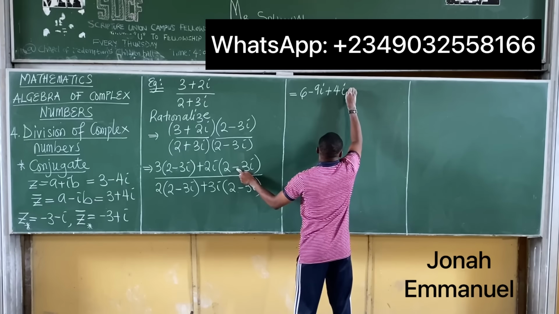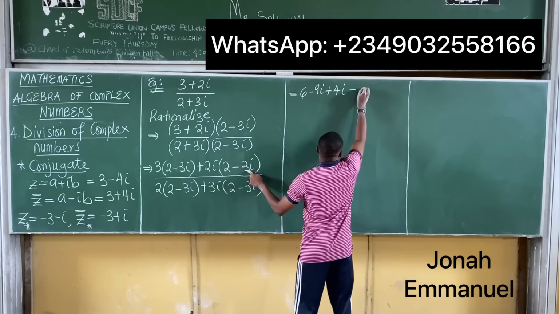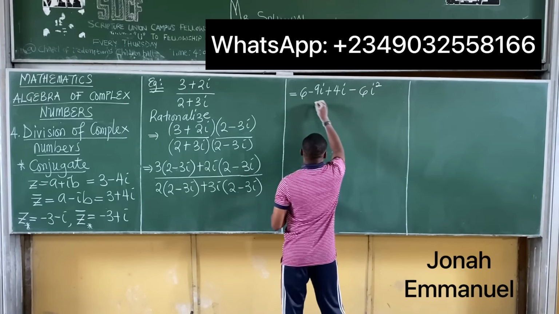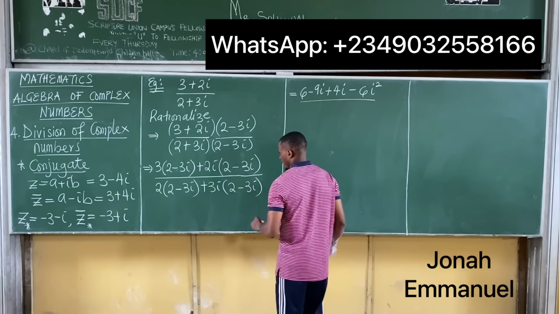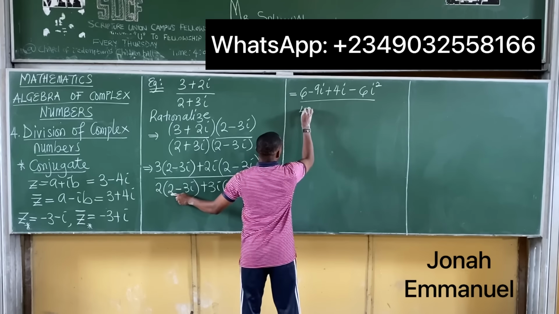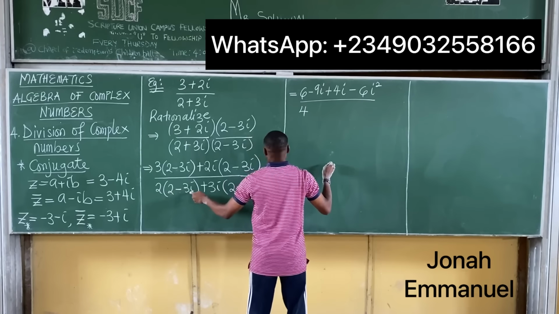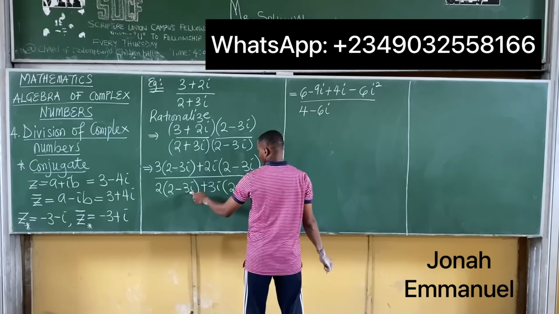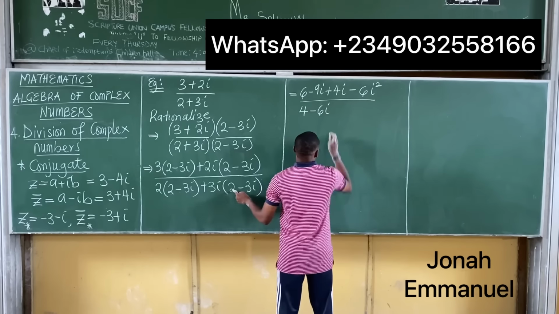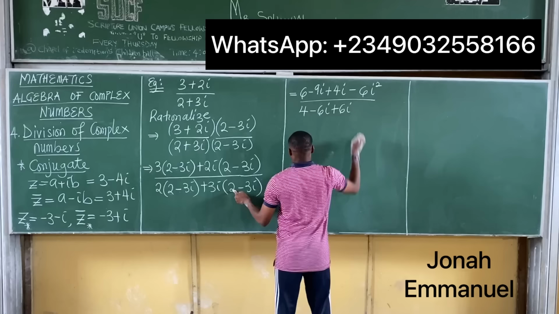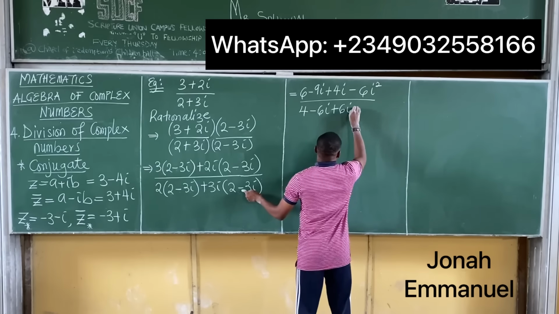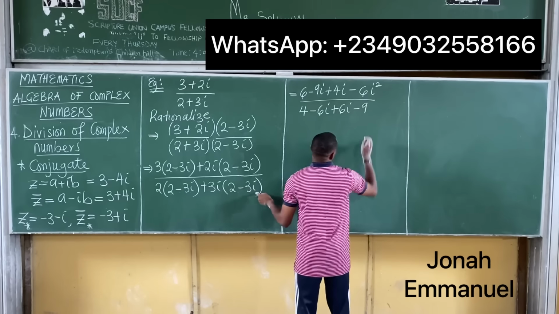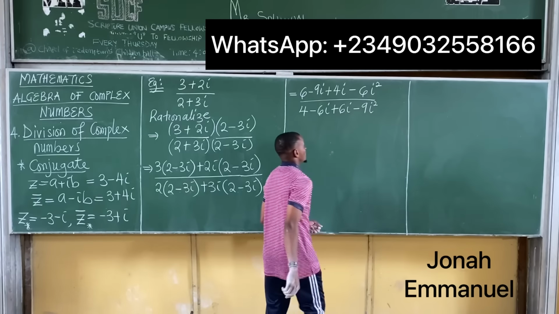Plus times minus is minus. 2 times 3 is 6, i times i is i squared, all over 2 times 2 is 4. 2 times minus 3 is minus 6i. Plus 3 times 2 is plus 6i. Plus times minus is minus. 3 times 3 is 9, i times i is i squared.